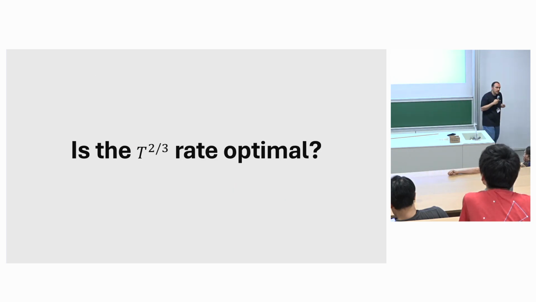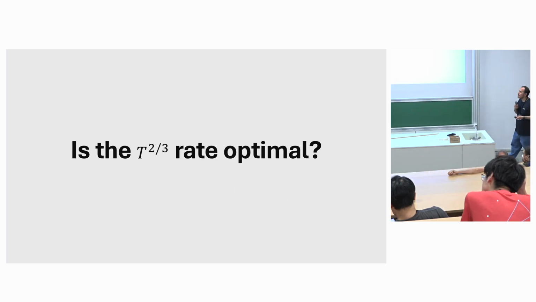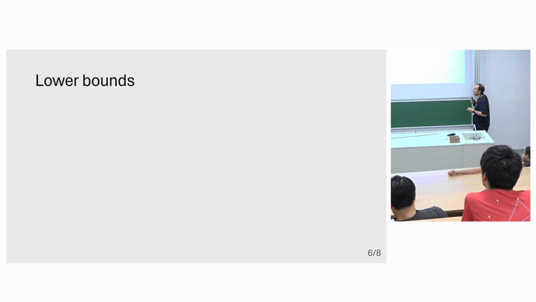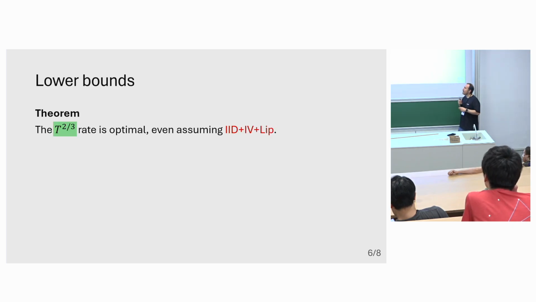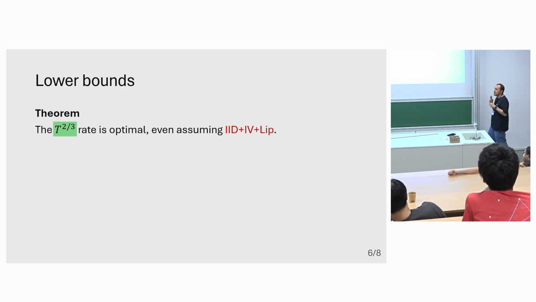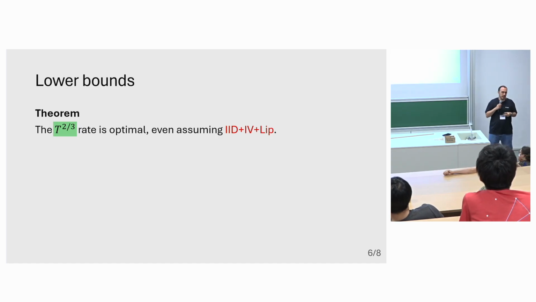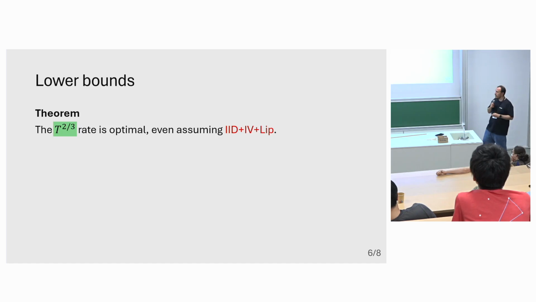So, question: is this rate even optimal? Maybe we could get the square root of T. Lower bounds. The theorem says, and this is by far the most technical part of this paper, that this rate is indeed optimal, and is optimal even if you squish all the assumptions together. So, stochastic setting, IID, independent valuations, Lipschitz, you still cannot do better than T to the 2/3.